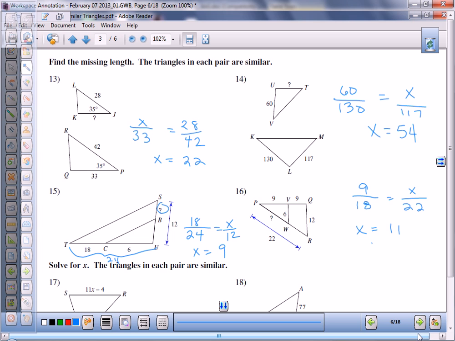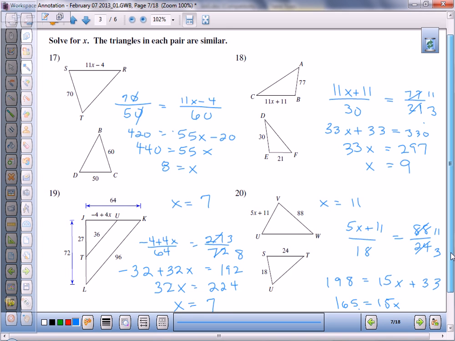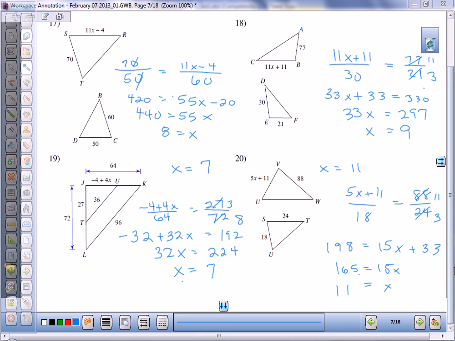Nice, Corey. All right, has everybody had a chance to check this and we're good? Okay, now, just like on the top section, I had to do a little assuming on this section. So I said, okay, this 11x minus 4 looks like the longest one on that triangle.